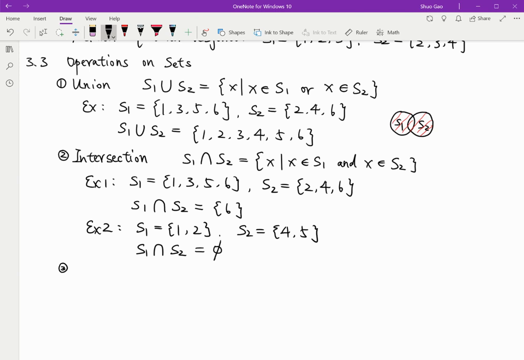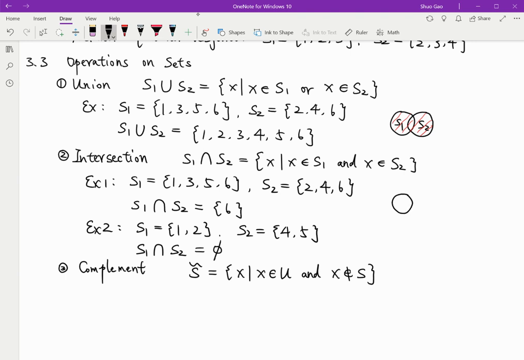And the third type is called complement. For complement, I use S tilde to represent the complement of S. So S tilde is the set of X such that X is in the universal set and X is not in S. Oh, sorry, I forgot to draw the graph of intersection.